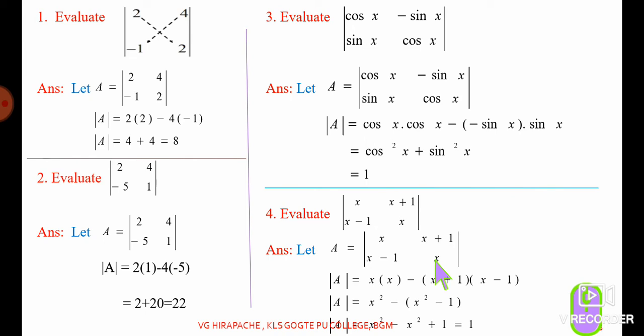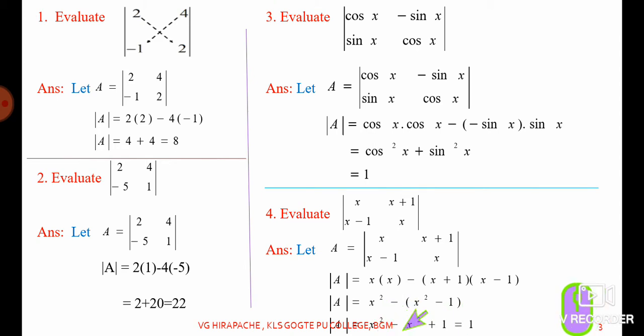Now as per the definition of the second order, left top to right bottom, x into x. Always there is a minus sign first, and then right top to left bottom, x plus 1 into x minus 1. X into x is x square, minus sign as it is. This is like a plus b and a minus b, we get x square minus 1. Let me open this bracket with a minus sign.